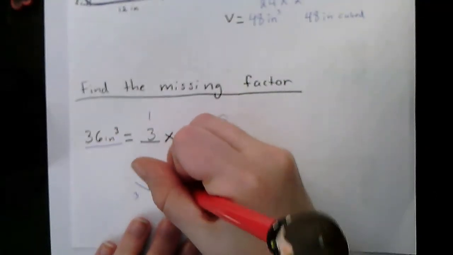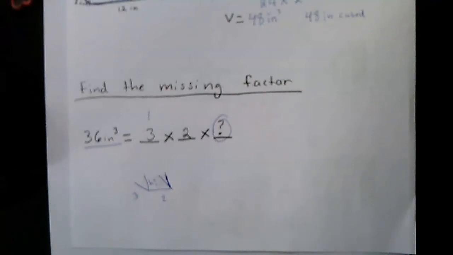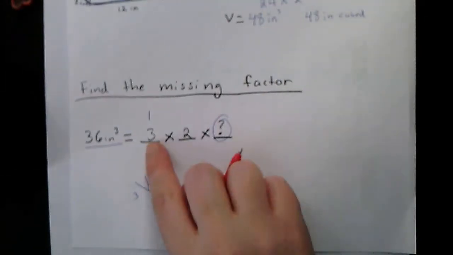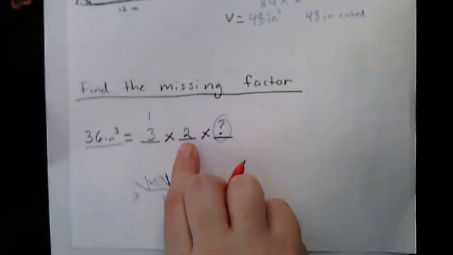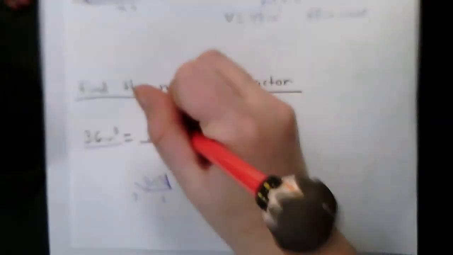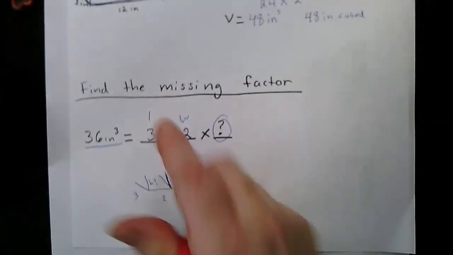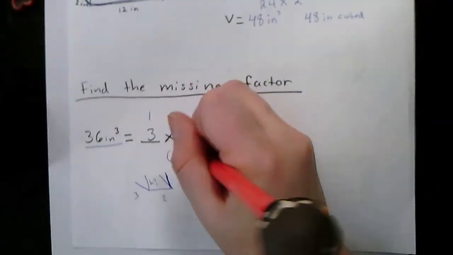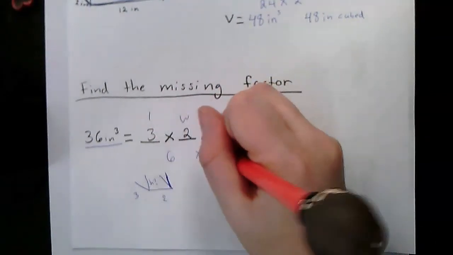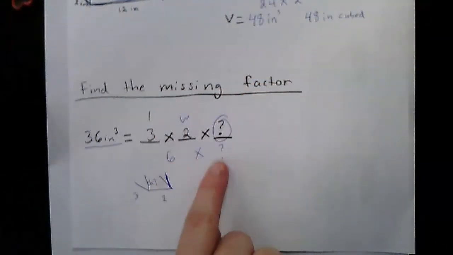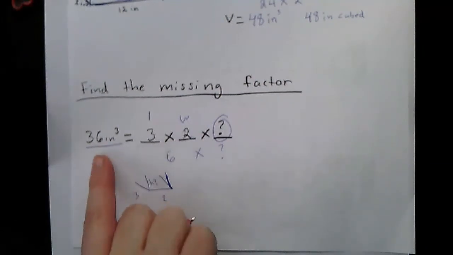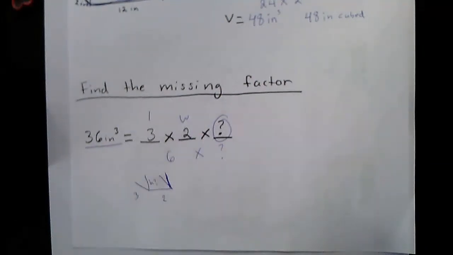So to figure that out, what I need to do is I'm going to multiply these two numbers together right now. So I'm going to multiply this length and width. So I have 3 times 2, which gives me 6. And then what I need to think about right now is, well, 6 times what will give me 36? So I'm just trying to reach this number.